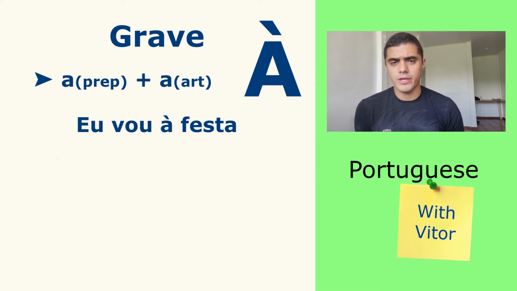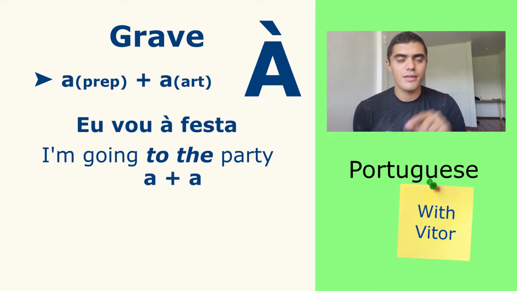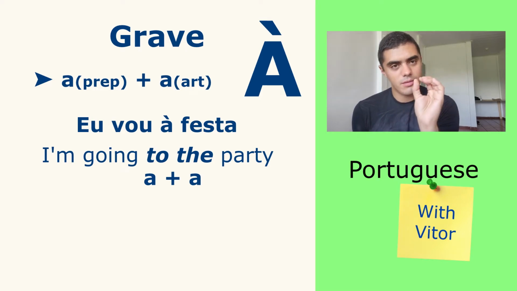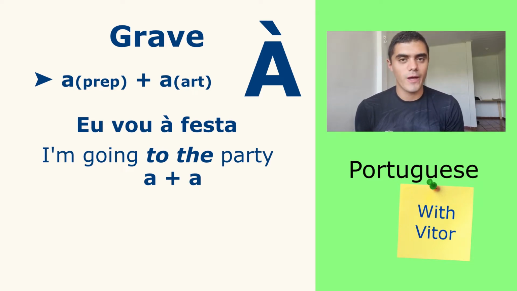In English it would be I'm going to the party. In Portuguese, this a with the grave accent is representing to the, because to in Portuguese means a and the means a. Instead of saying eu vou a a festa, we link these two a's and place the grave accent. Okay? That's the grave accent and how it's used.